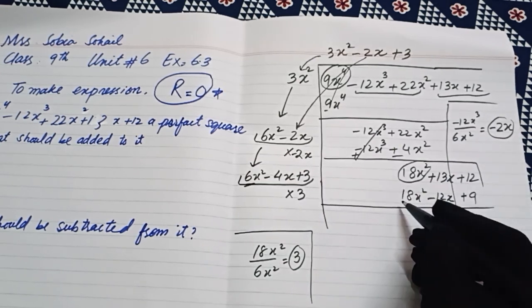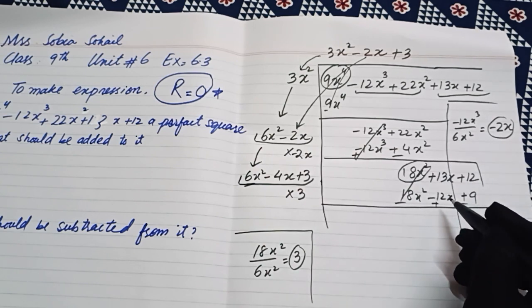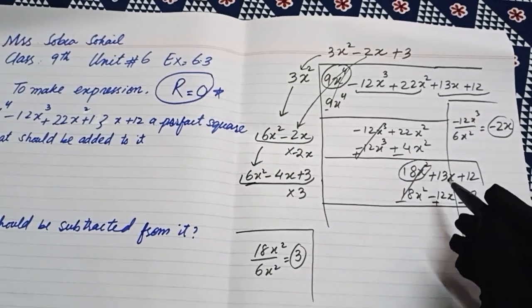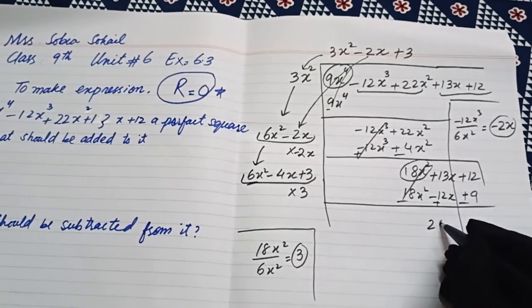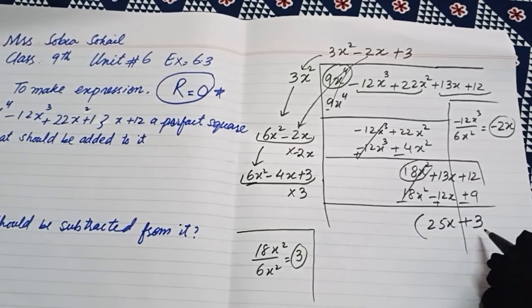So subtract, cancel. On adding, it's becoming 25x and this is becoming plus 3. So this is the remainder.